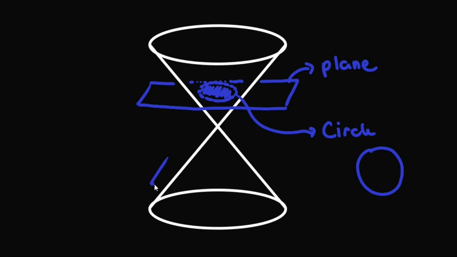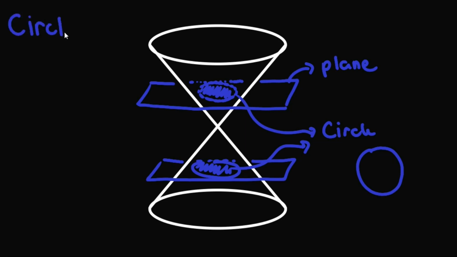We may also cut it around here. This doesn't look parallel, so let's fix this. There. Assuming that we cut it properly, as long as this plane is parallel to the base, what we'll obtain is again a circle. So that is one of the 4 major conic sections. Let's write that down here. Circle.